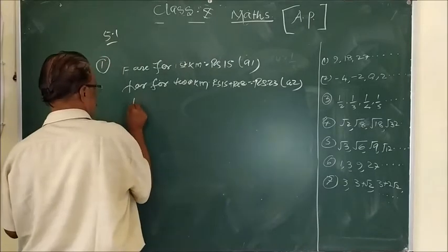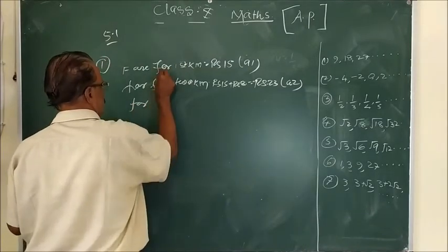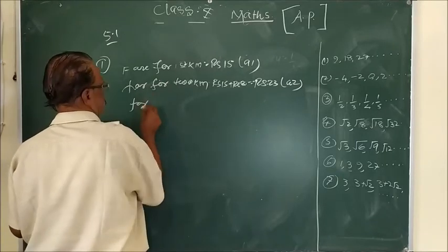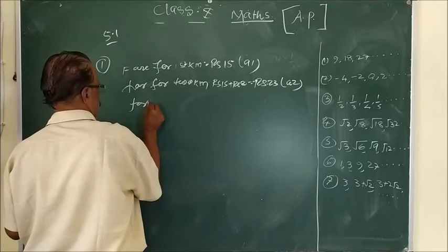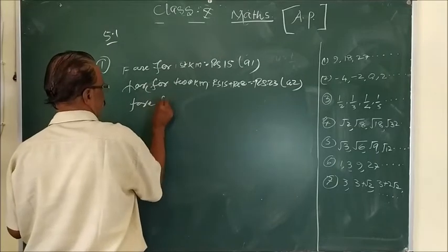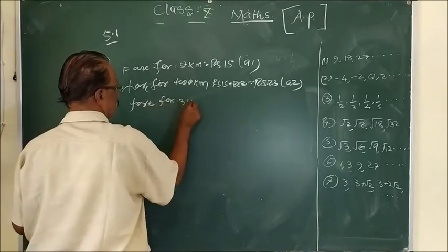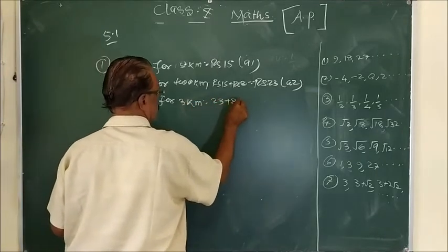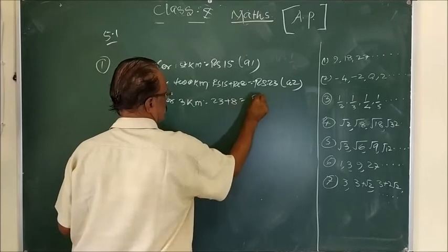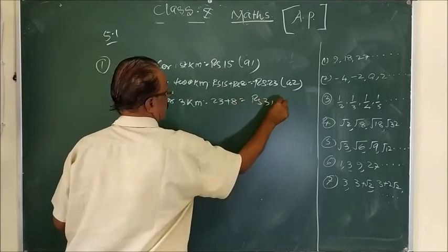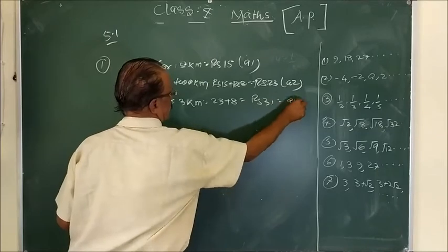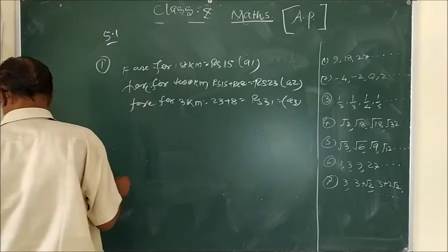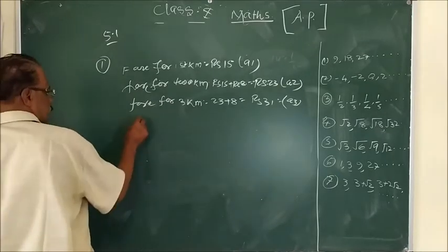And same, we can mention a few steps for the fare for 3 kilometers. कितना हो जाएगा 23 plus 8 is equal to rupees 31 like that. And suppose this is A3. इसी तरह से आप भी कर सकते हैं. अब उसको हम करने के बाद लिख देते हैं and so on.